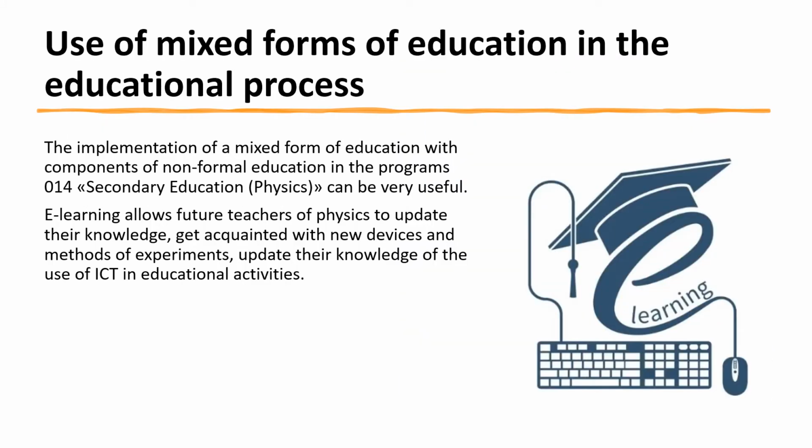The implementation of a mixed form of education with components of non-formal education in the program of secondary education physics can be very useful. E-learning allows future teachers of physics to update their knowledge, get acquainted with new devices and methods of experiments, and update their knowledge of the use of ICT in educational activities.